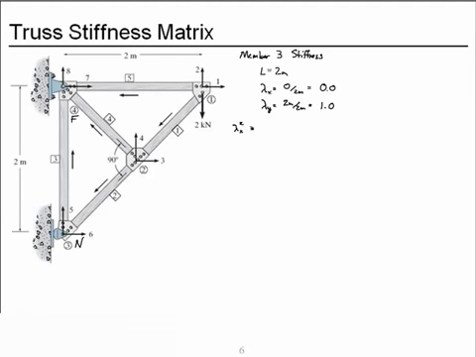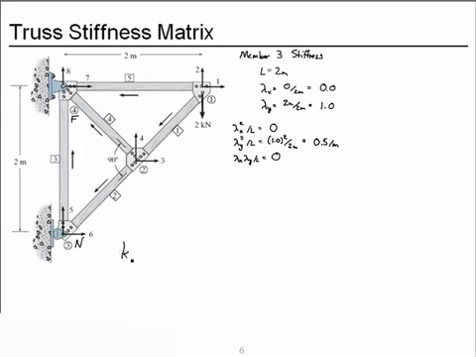Lambda x squared divided by L will therefore be 0 because lambda x is 0. Lambda y squared divided by L will be 1.0 squared divided by 2 meters, which equals 0.5 per meter, and lambda x lambda y over L equals 0 because lambda x is 0.